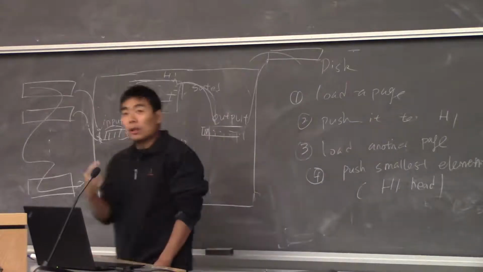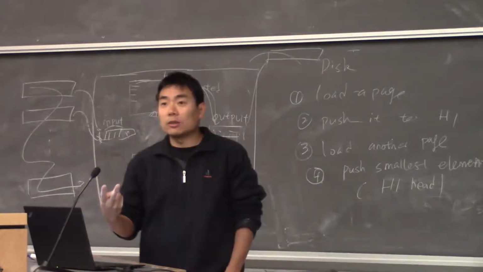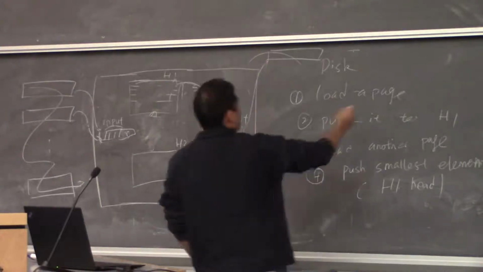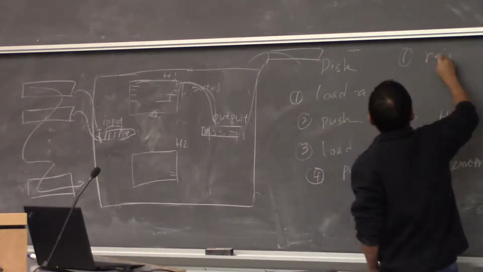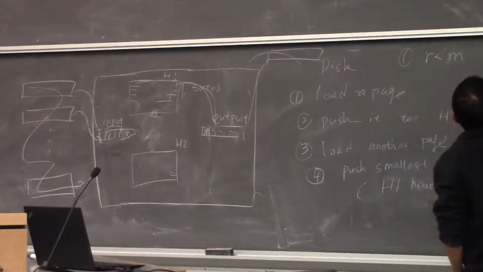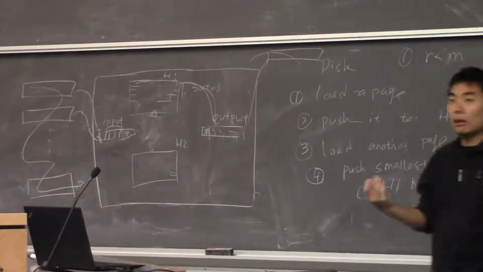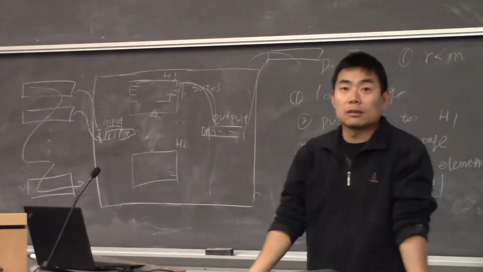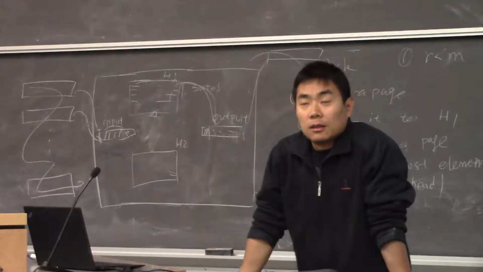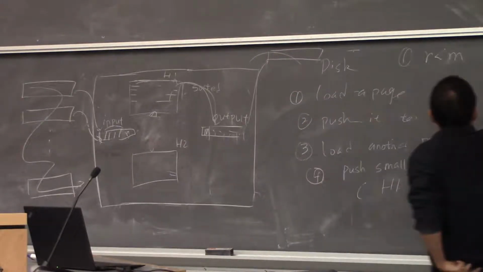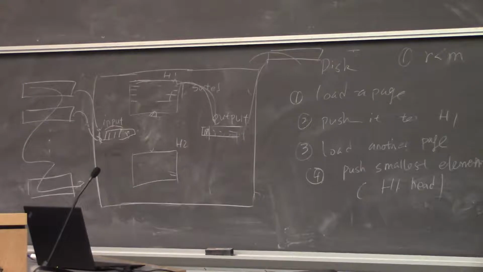Now, there are only two possible cases, right? There are only two possible cases. One is R smaller than M, the other is R greater than or equal to M. If R is greater than or equal to M, what do you do?